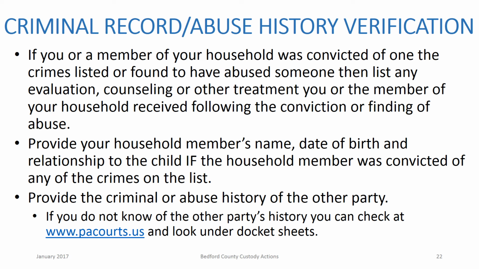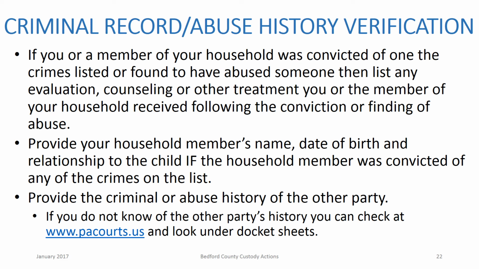You will also, in number 5, put down the criminal or abuse history of the other party or members of the other party's household. If you do not know the other party's history, you can look that up at the website pacourts.us, and you will then look under docket sheets. This is the Unified Judicial System of Pennsylvania web portal.